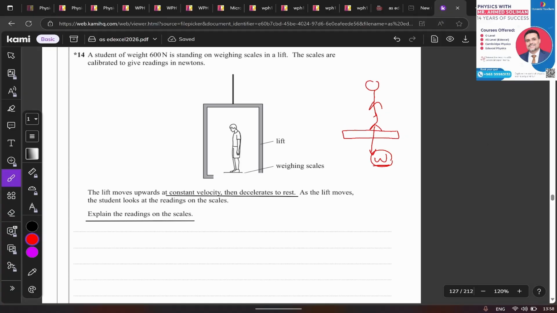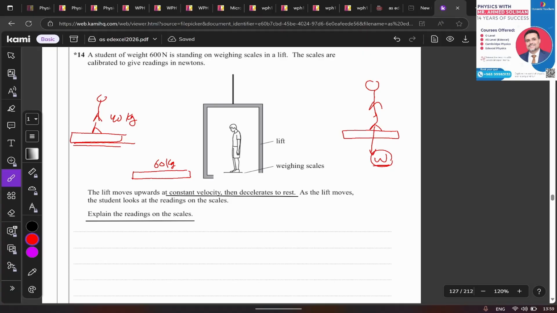If you put the balance on the surface of the earth and stand on it, it will give you the reading, for example, 60 kilogram. But if you put this balance on your bed, you will see the reading is, for example, 40 kilogram. Did your weight change? No. But the reading changed.